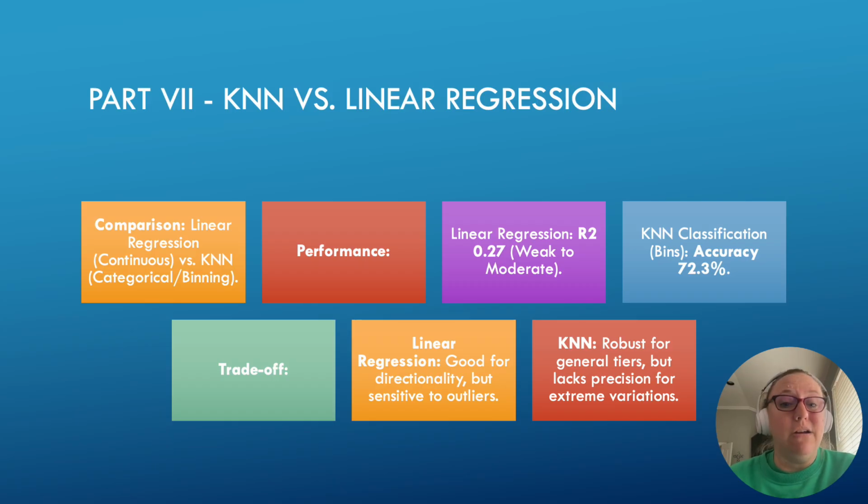The conclusion here is about the objective. If we need to know if a wine is simply good or bad, KNN is the preferred choice. If we need specific numeric values, we need to stick with a regression, but require more robust data or tuning.